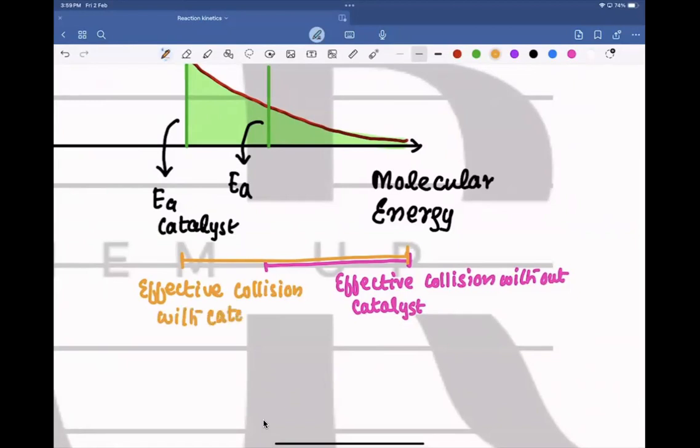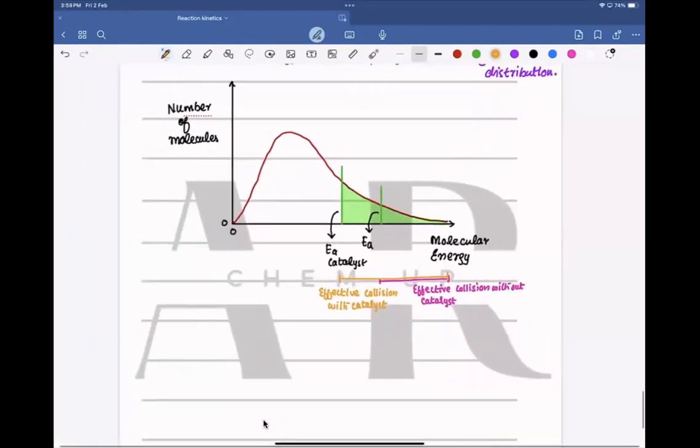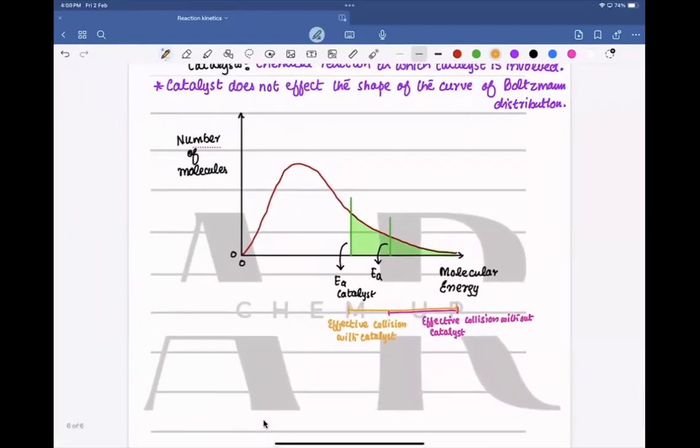So see, the proportion of the particles increased. Is this clear? Yes, sir.